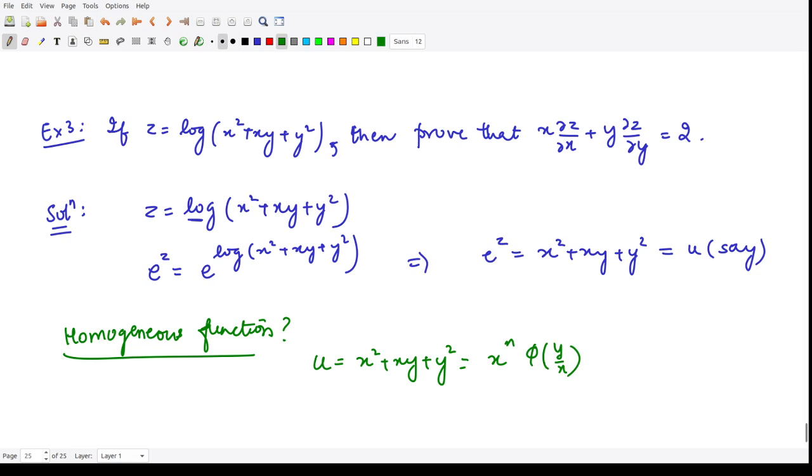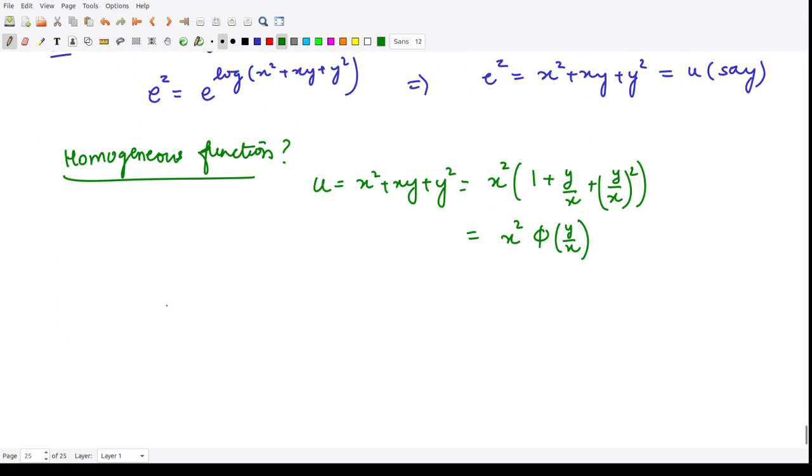This is what we are looking for. So I can take x square common, so this would become 1 plus y by x plus y by x whole square. So that means you have written your function as x square into some other function in the variable y by x.